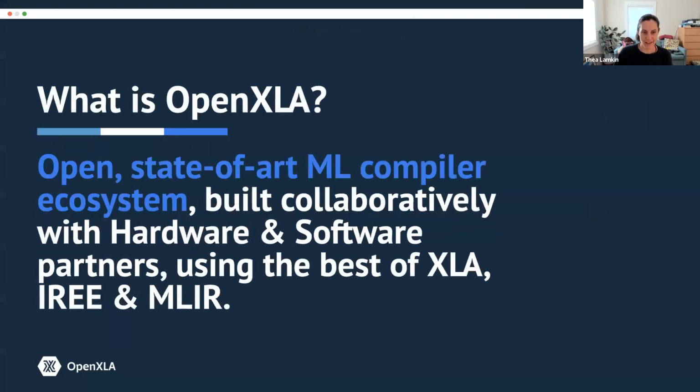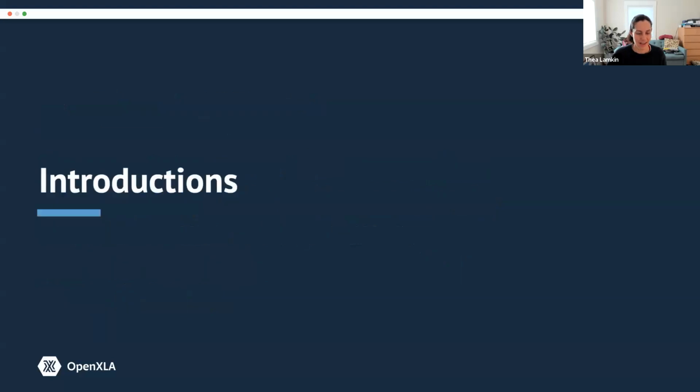We usually kick these off just with a restatement of what OpenXLA is and what the project mission is as well. We're building an open state-of-the-art ML compiler ecosystem collaboratively with hardware and software communities, including the best of XLA, IREE, and MLIR.